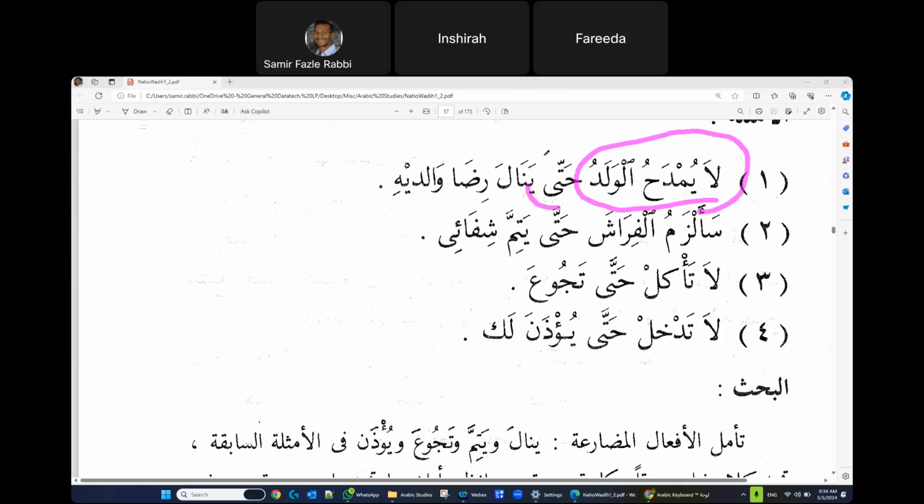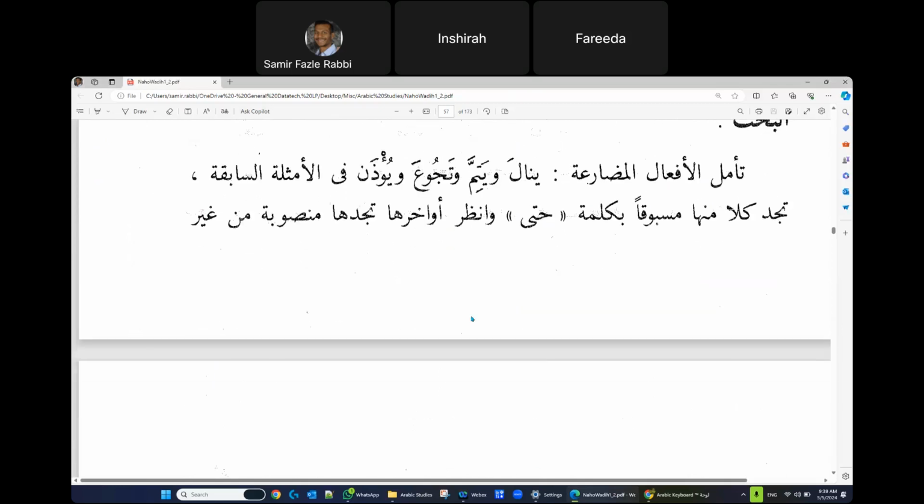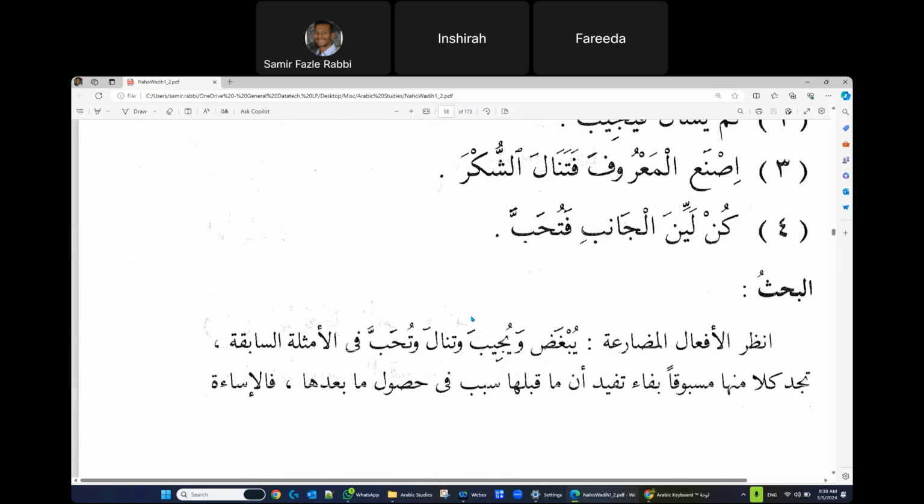We're going to get to hatta, and they're going to say that hatta is a harf, and then they'll say that yanada or yatimma or tajua or yu'dana, they're all mudari' mansub bi an al-mudmira. All of them, that's how it's expected to happen in all of these 5 examples. There's going to be a mudari', and this mudari' is in the nasb state because of this an al-mudmira.